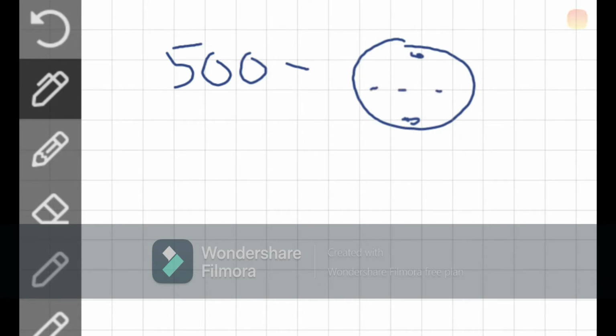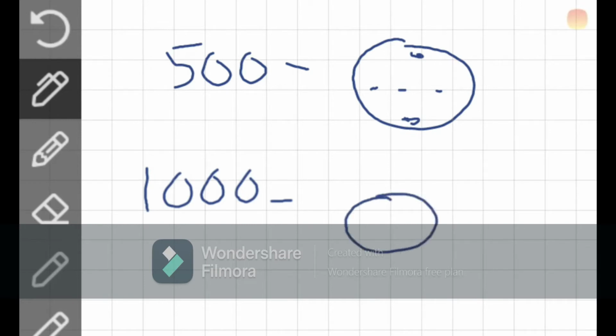Next, they also have the symbol for 1000. For the symbol for 1000, similar to 500, you may draw a figure, something like a circle, and it's okay if it isn't a perfect circle. And then draw a vertical line at the center topmost and at the end part center of the figure, something like a tail.